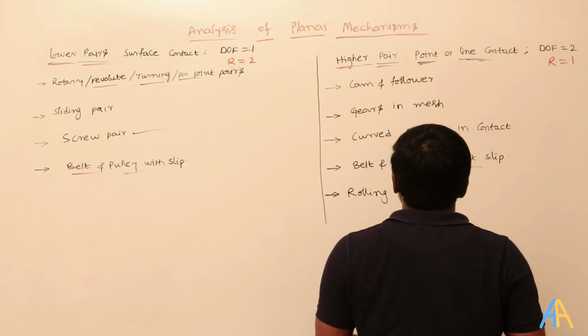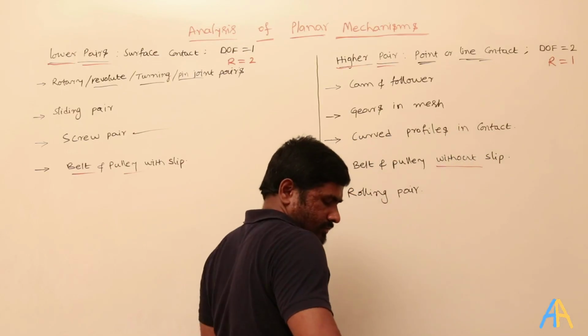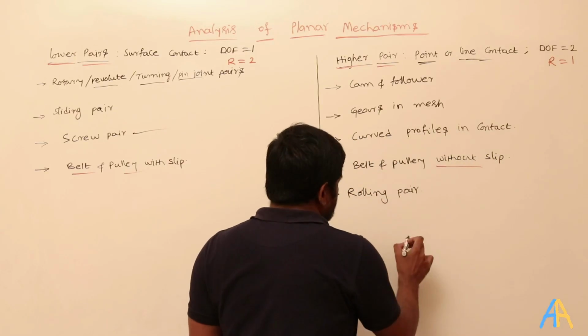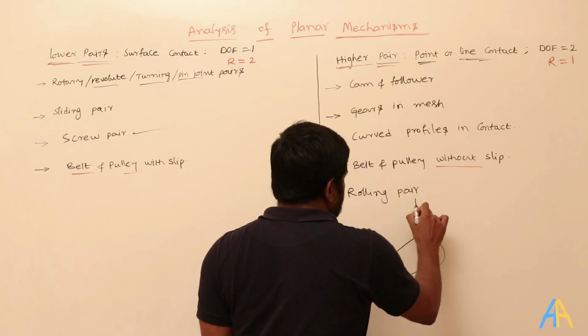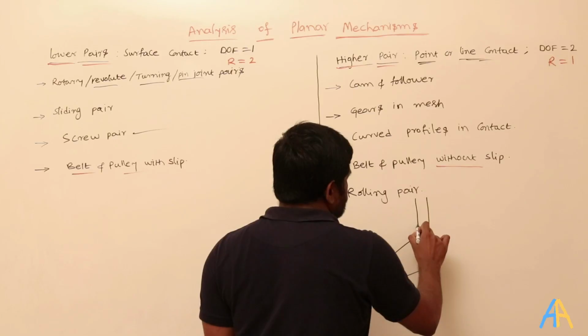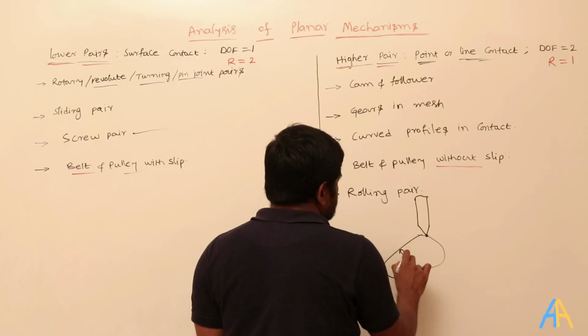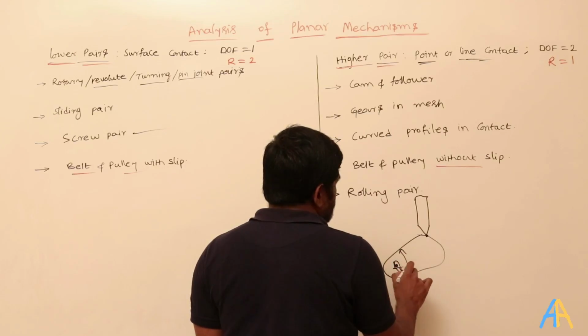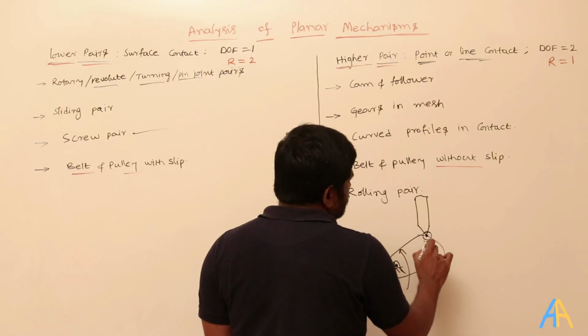The first one is the cam and follower. So how is the diagram? For example, here this is the cam, and then there is a follower, a knife edge follower like this. So when I am rotating this, what is the contact between these two?